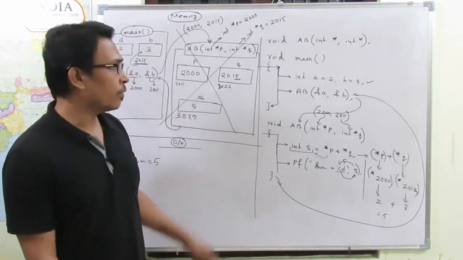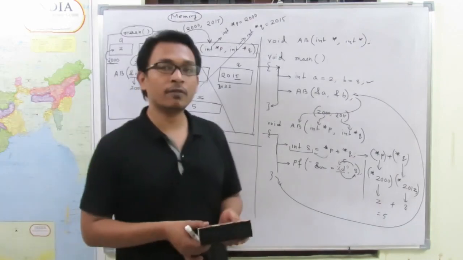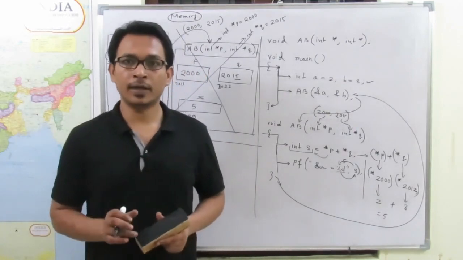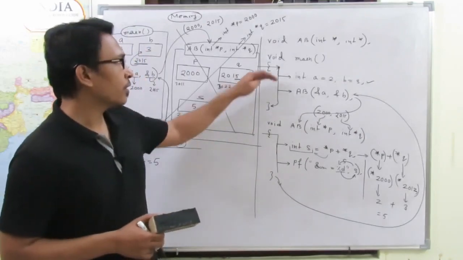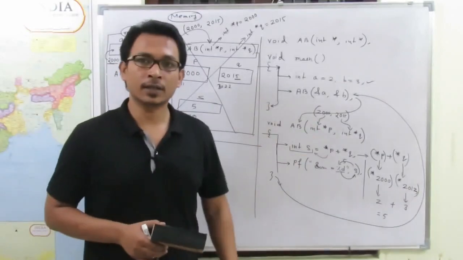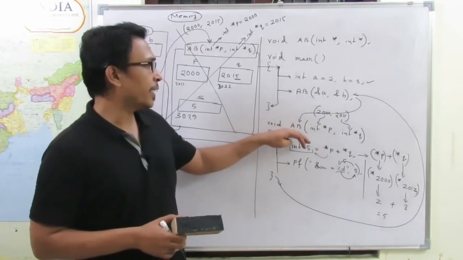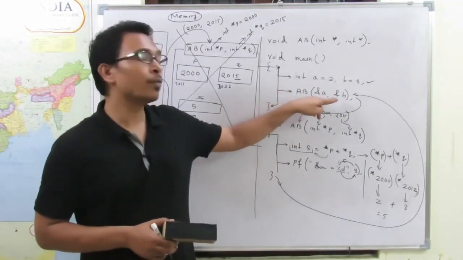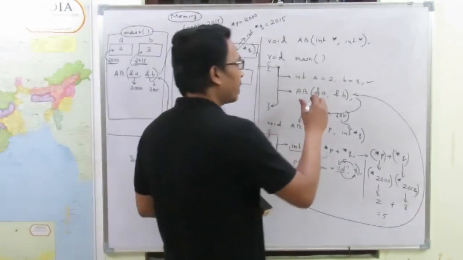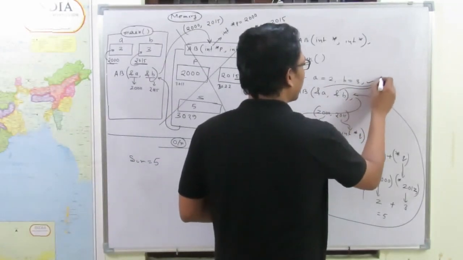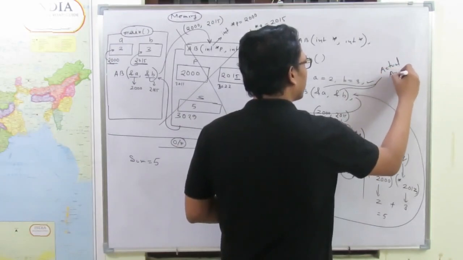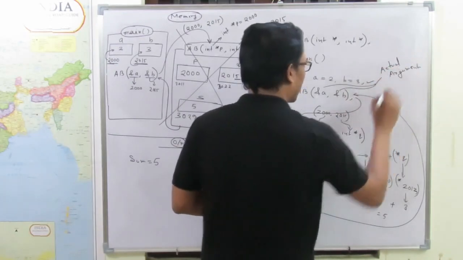Now in this case, what will be the actual argument, and what will be the formal argument? Look, the actual argument is always from where we call the function. AB function is called from the main function, and inside the main function these are the two parameters. That means these two parameters are called actual arguments.